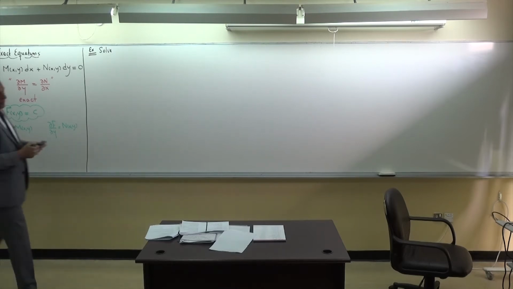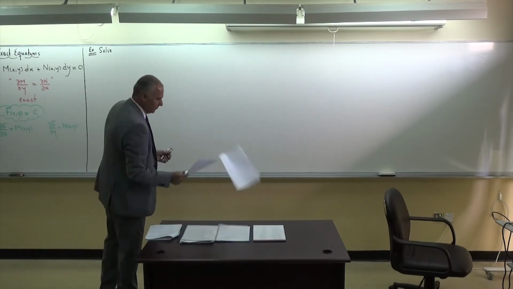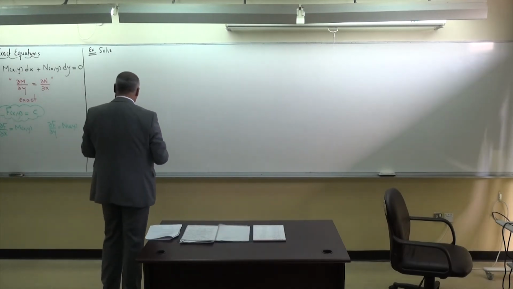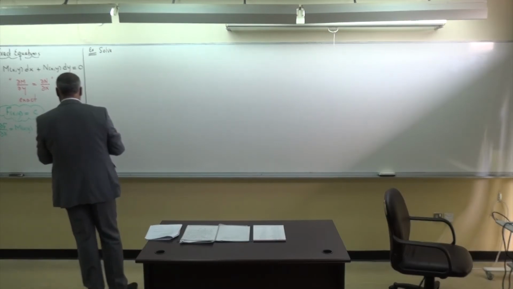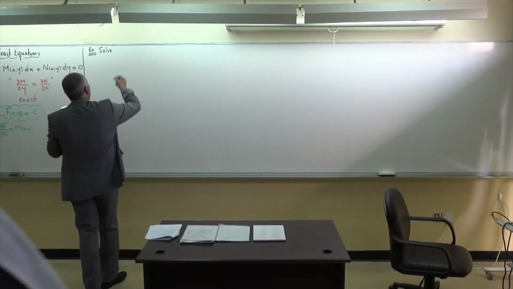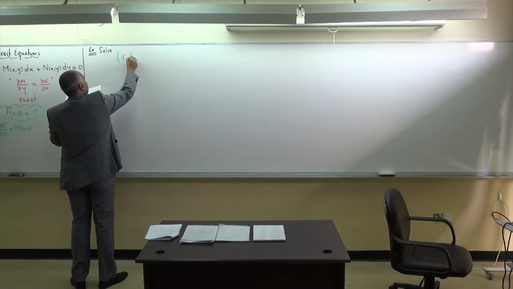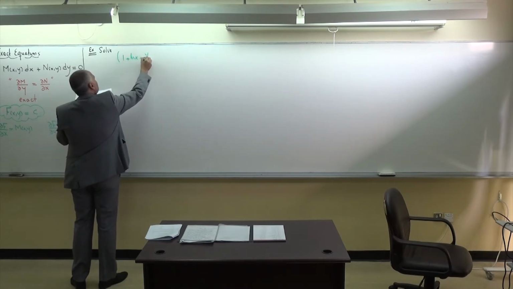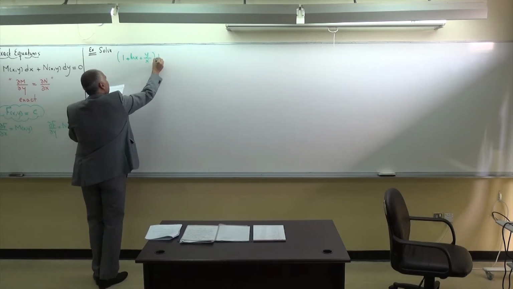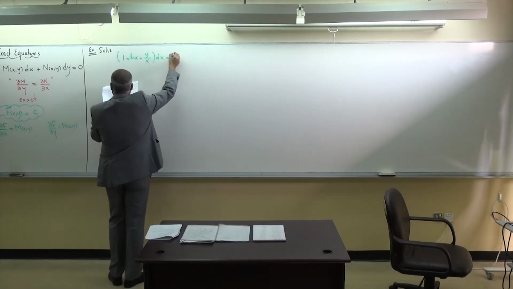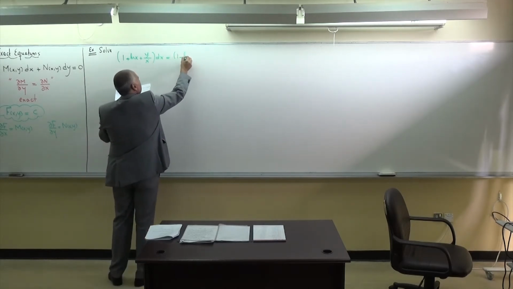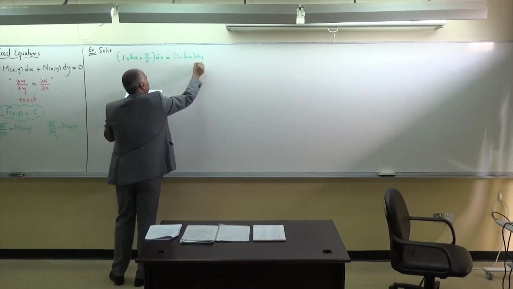Okay, so if we want to solve (1 + ln x + y/x) dx = (1 - ln x) dy.